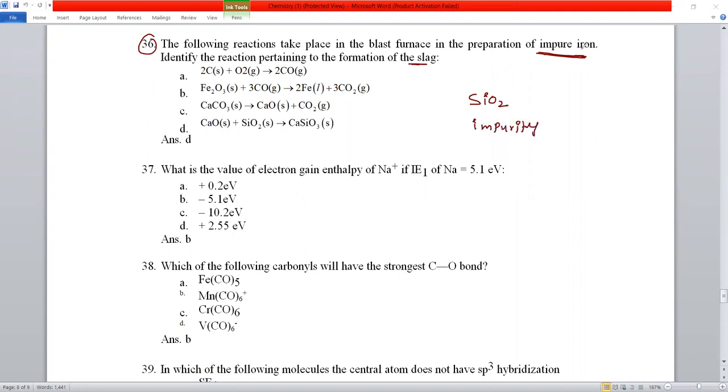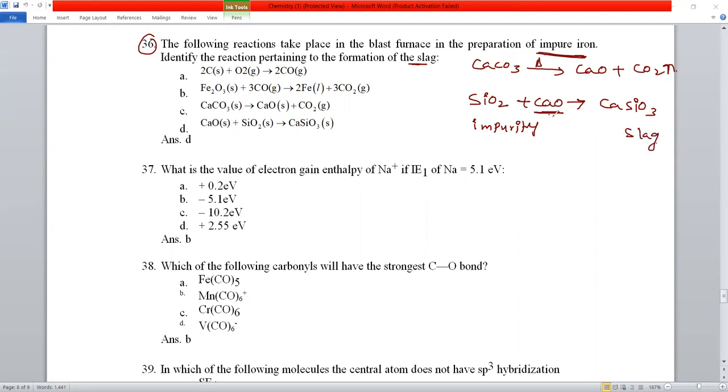To remove this impurity, we are adding CaCO3. So what will happen in the blast furnace? CaCO3 is converted into CaO, and CO2 gas will be released. So this CaO will react with this impurity. It will form CaSiO3, calcium silicate. It's a slag.